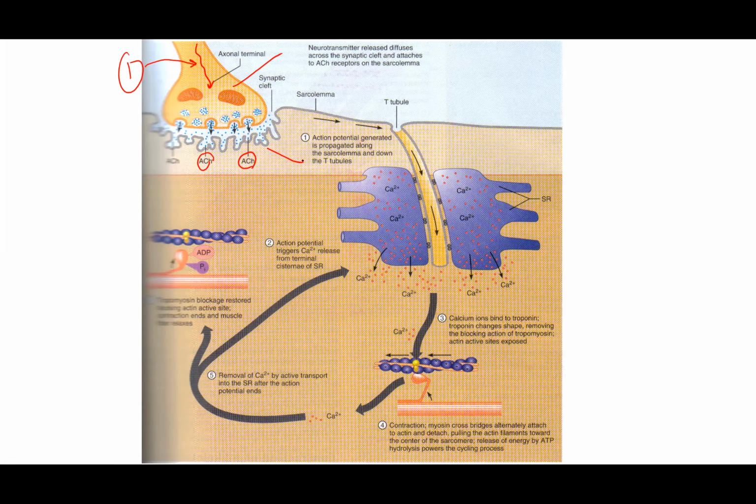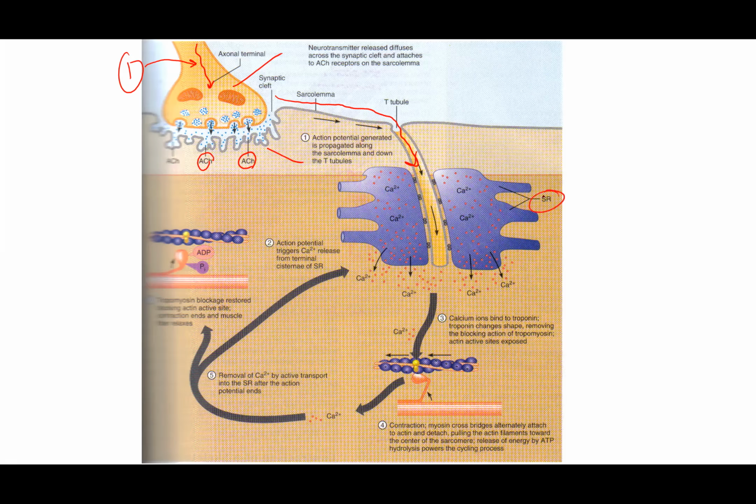Okay, so an action potential is generated and is propagated along the sarcolemma down the T tubules. So now the electrical information is coming down the T tubules, which then stimulates the sarcoplasmic reticulum.